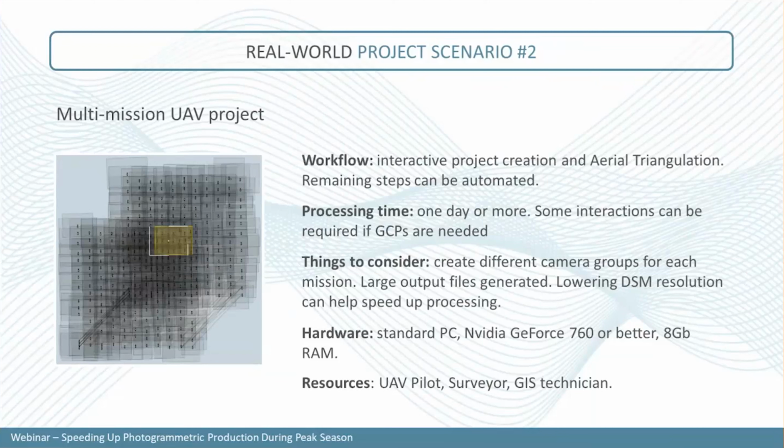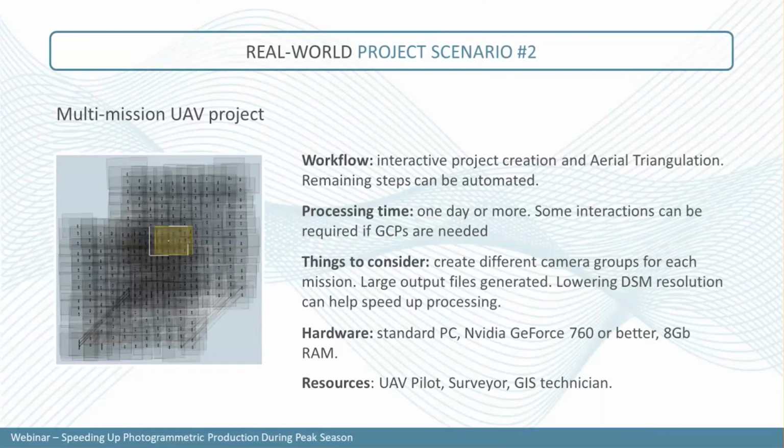Again, depending on the number of images and the size of those images, it can go for a day or maybe more. The interaction can be necessary if you want to tag some ground control points. Again, things to consider: depending on the needs of your project, the resolution of your DSM will have an impact.